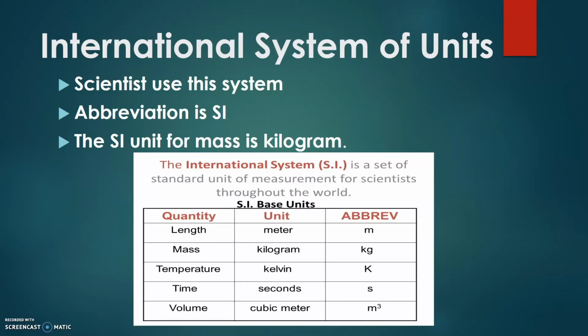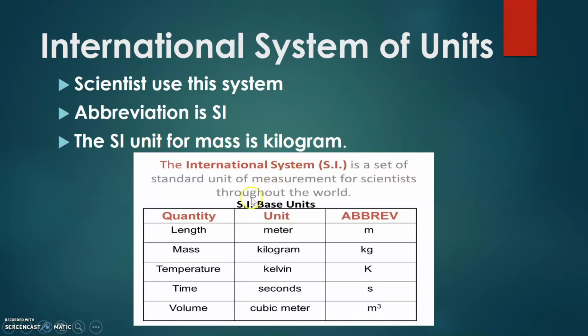Scientists use this system so that all the data is in one format, so they don't have to convert from feet to meters or grams to pounds and so forth. SI is the abbreviation for this system, and the SI unit for mass is the kilogram.